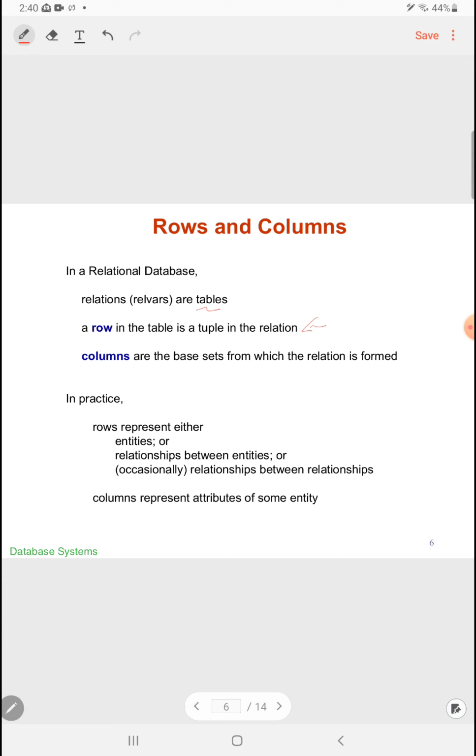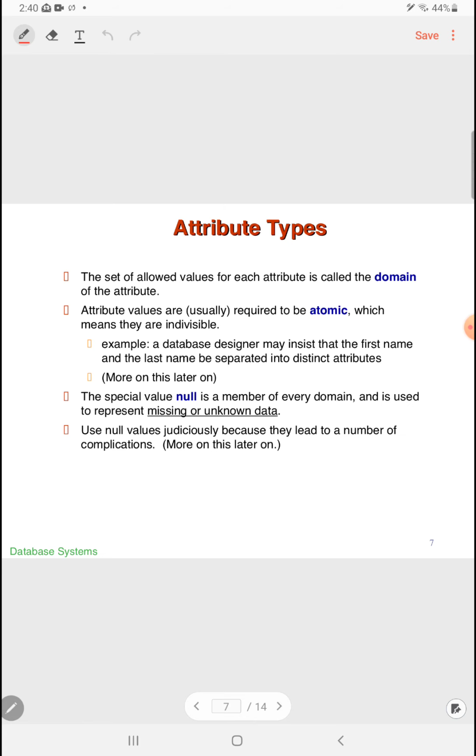In practice, rows represent entities, relationships between entities, or occasionally relationships between relationships, but we won't deal with that until a lot later on entity relationship modeling. Columns represent the attributes of some entity. Okay, what are the attribute types? The set of allowed values for each attribute is the domain of the attribute.